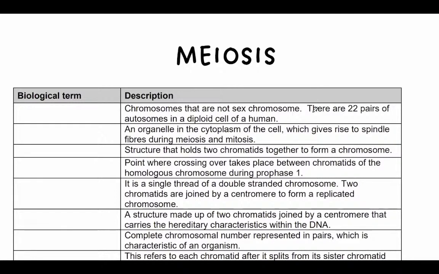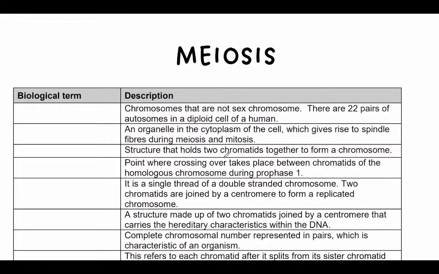Remember that you have two categories of chromosomes in a human cell. You see, they said it in a human cell. Whenever they are talking about human, they will say it.